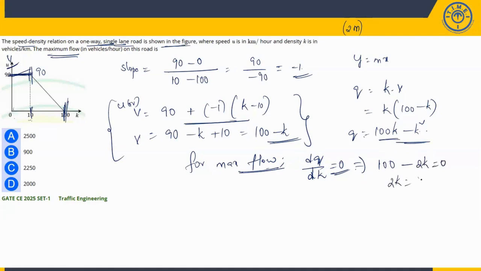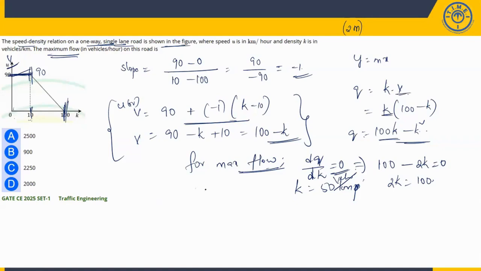From that I'll be getting 2k equal to 100, k equal to 50 vehicles per kilometer. Now substitute this. I got the value of k, find the value of v, get the value of q.